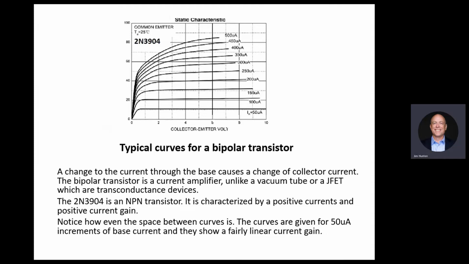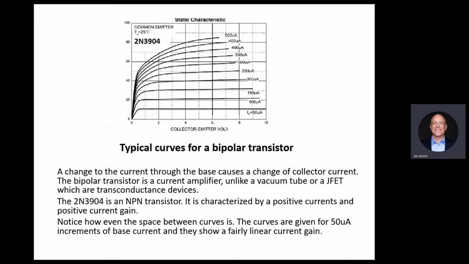The curves are current. So there's a change in the input current to the device. However, what we see in this particular device, the 3904, a pretty common transistor, is that when you're moving 50 microamps, you're moving roughly linearly on the output current.